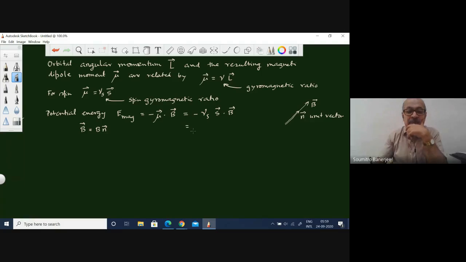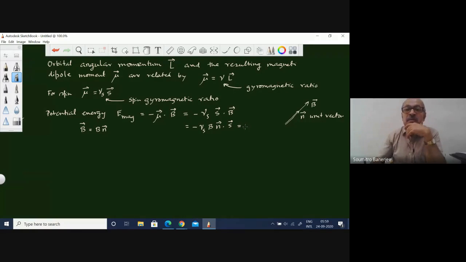That will become minus gamma B, n dot S. This is basically the projection of S in the n direction.